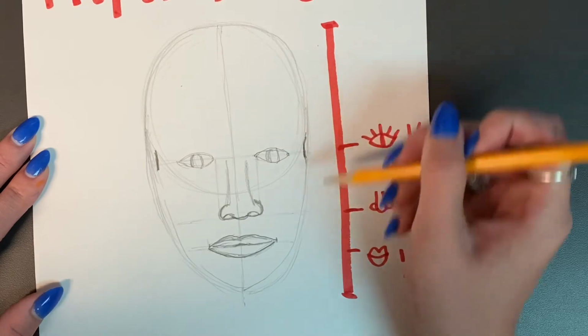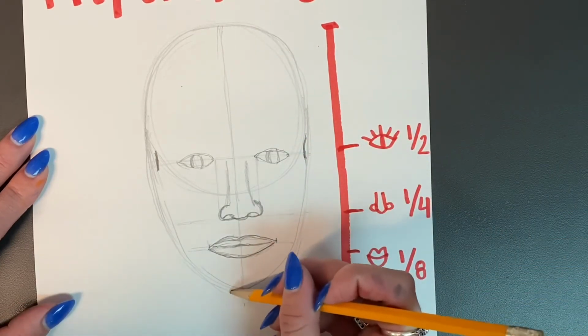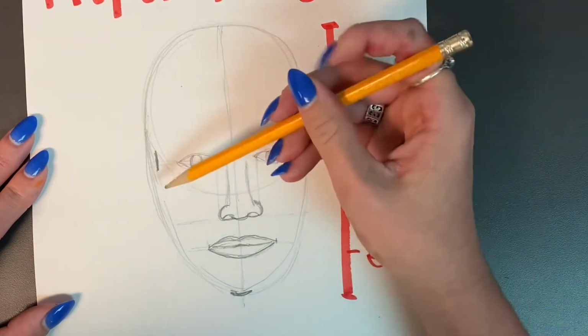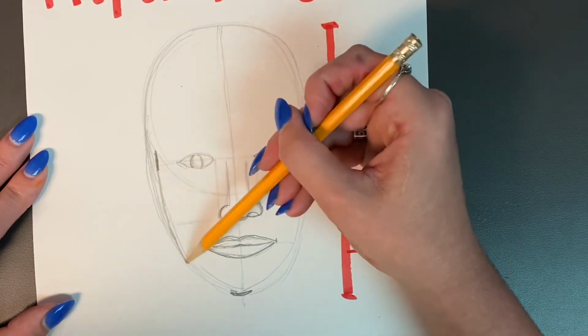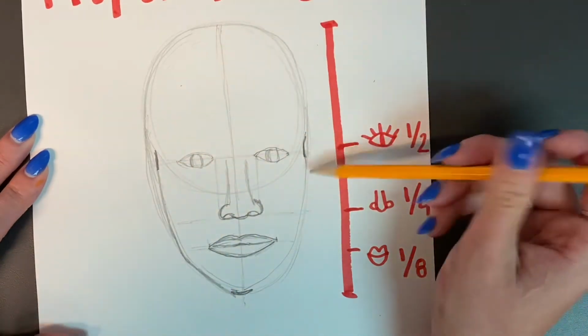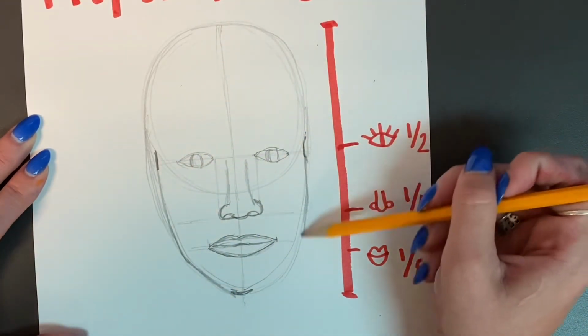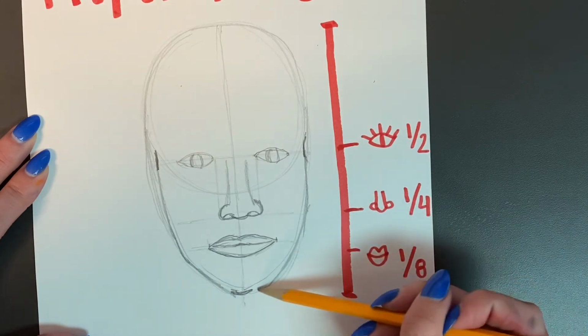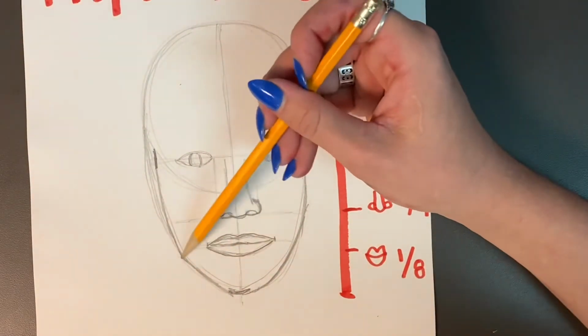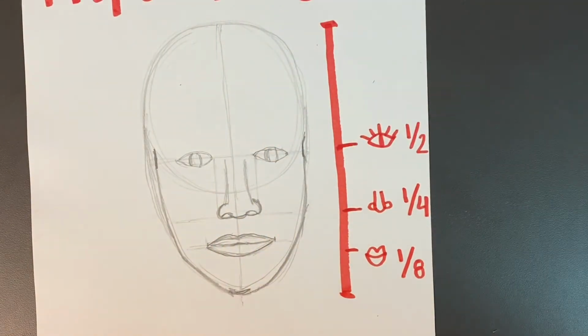It goes in a little bit right next to our eyes. And then also defining that chin is going to make your face look a lot more realistic. And then once you get a good feel for the correct shape based on your features, just make that line a little bit darker, which is really going to step it up a bit there.